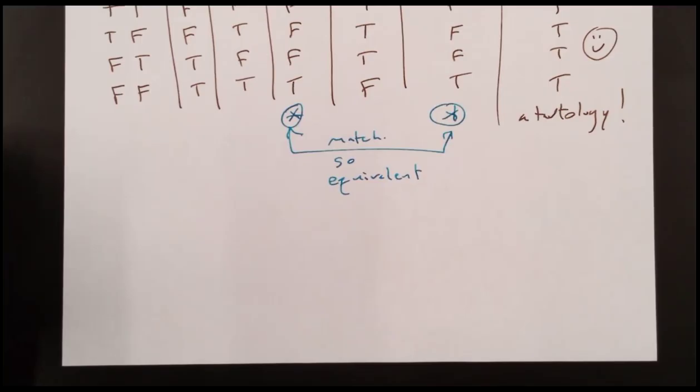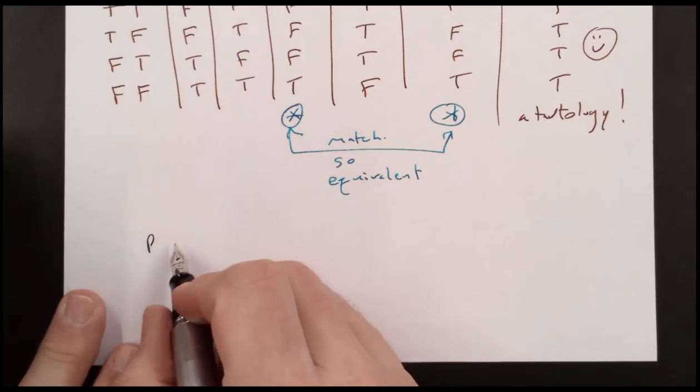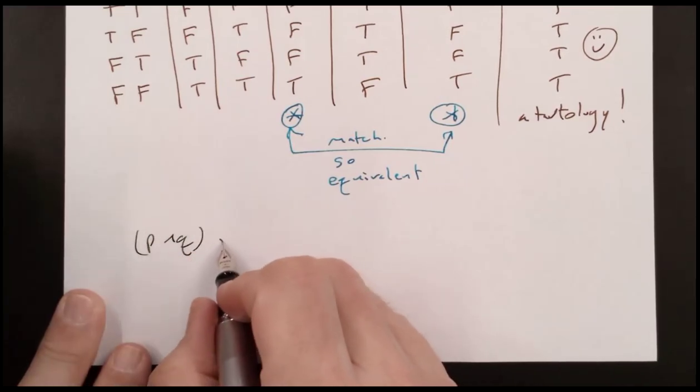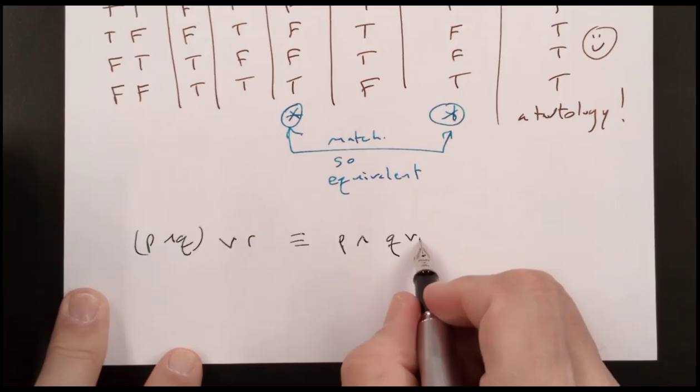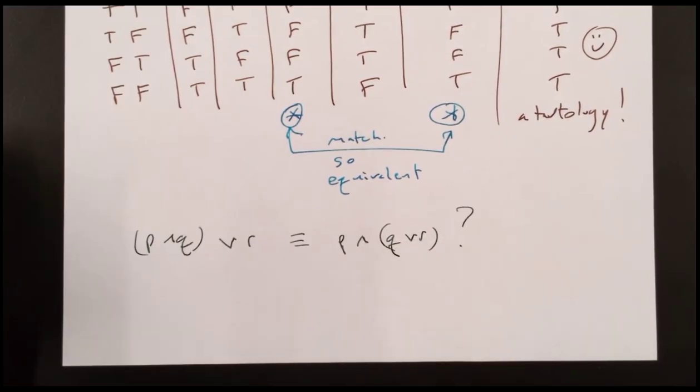I want you to do another one for me. I would like to know if this is a set of logically equivalent propositions: P and Q, the quantity, or R, compared to P and the quantity Q or R. I've got 3 propositional variables.